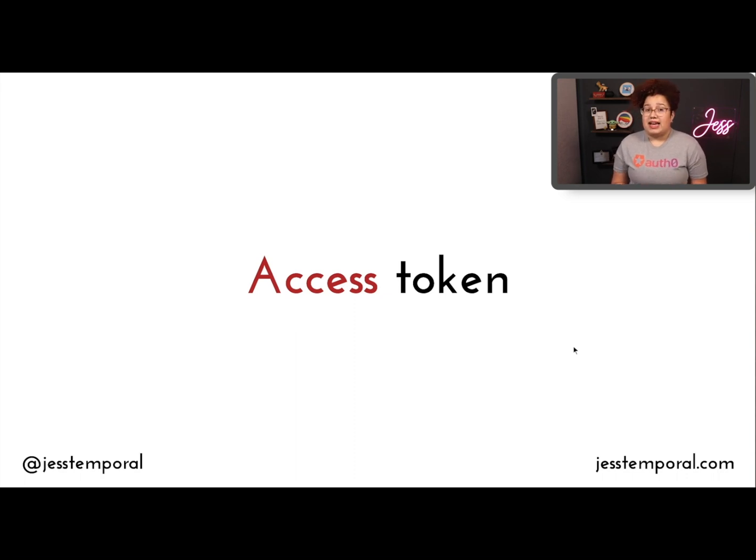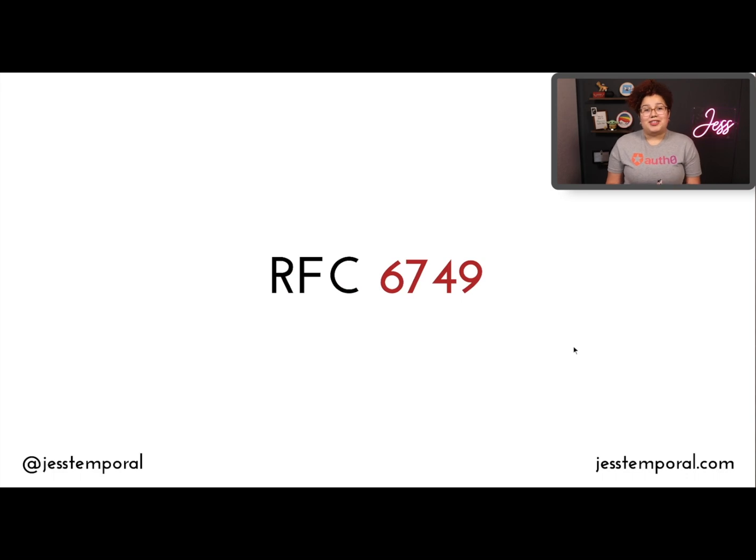Now, keep in mind that an access token doesn't have to be a JWT, but there is a brand new RFC that was authored by Vittorio Bertocci, Auth0's principal architect, and that came out in October 2021, and that outlines how to use JWTs as access tokens. I recommend you read that to understand what a JWT as an access token should look like and understand, for example, what claims and verification steps are required for this type of token.